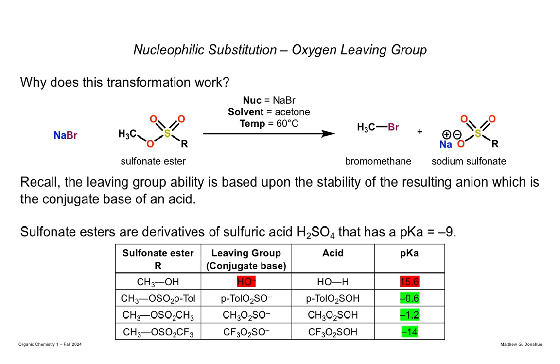So with that active ester now, that can do the SN2 reaction, and so you've substituted that leaving group for bromine. So the nature of the R group is shown in the table here.